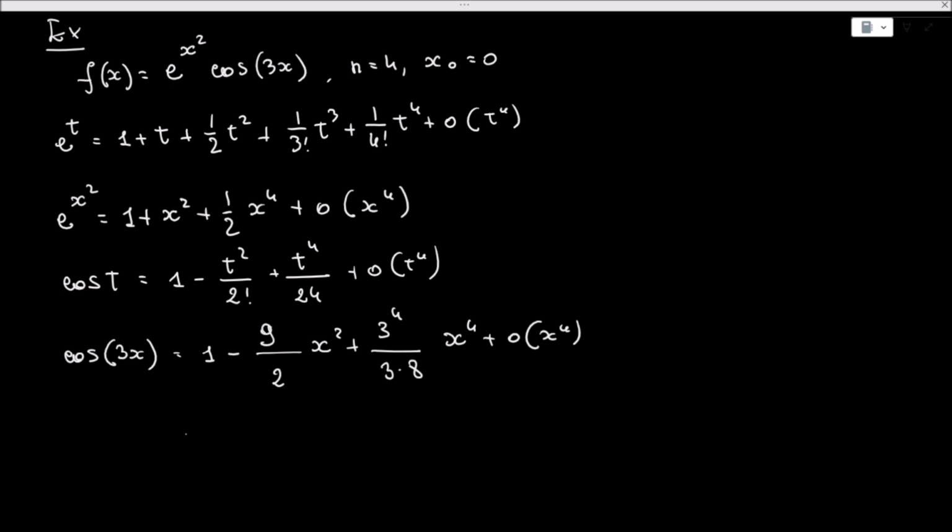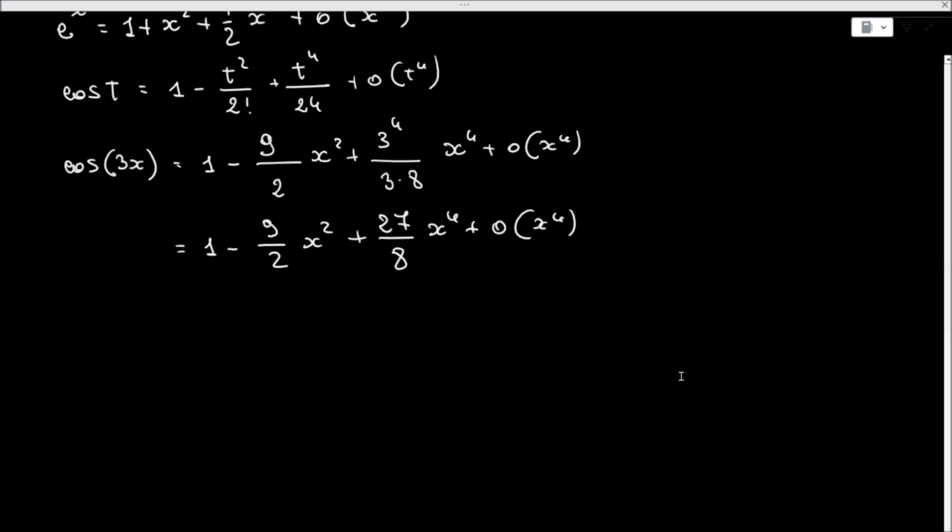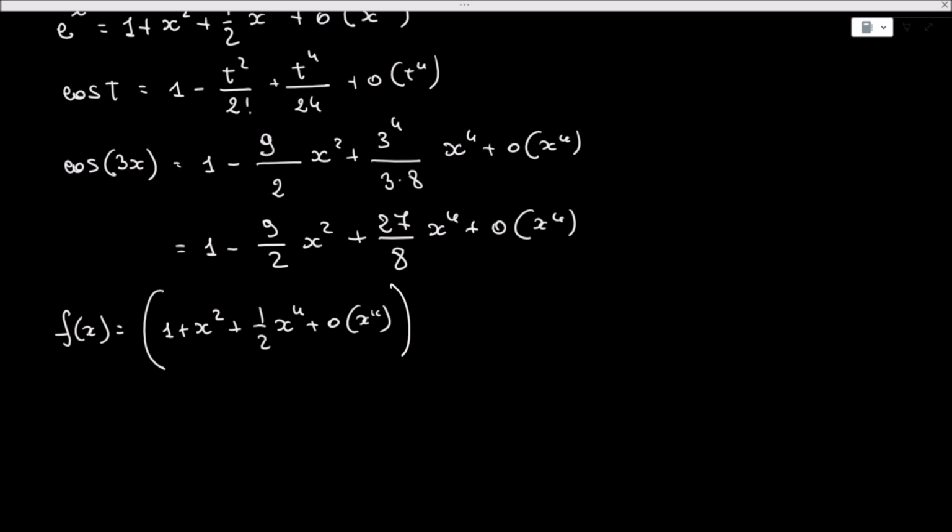Okay, so we are ready now to multiply out the two polynomials, because we know that f of x will be, at this point, the product of 1 plus x squared plus 1/2 x to the 4 plus little o of x to the 4 times 1 minus 9/2 x squared plus 27 divided by 8 x to the 4 plus little o of x to the 4.